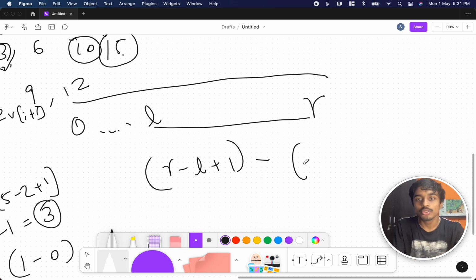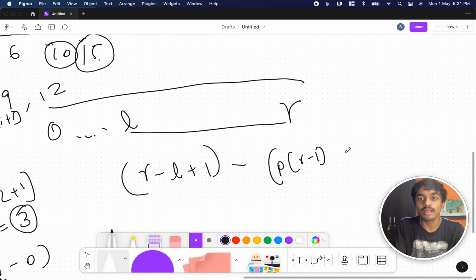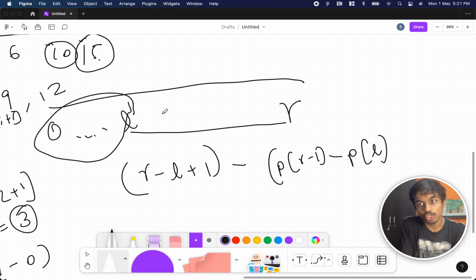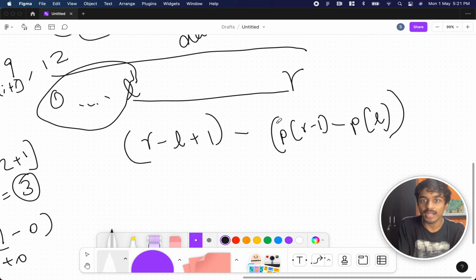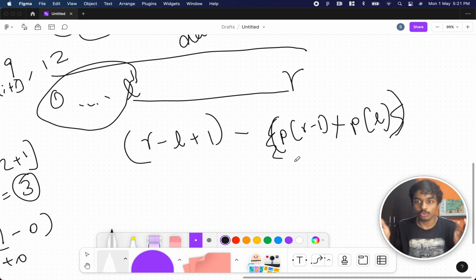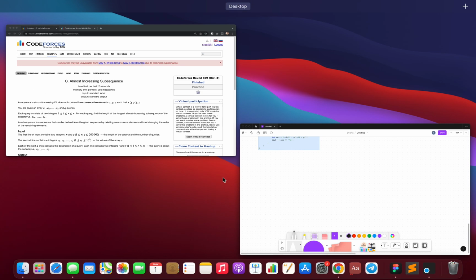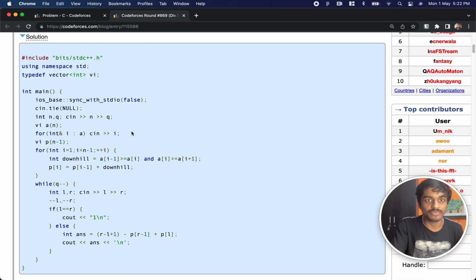That deviation you'll get in dp of R minus 1, because we are taking the y value here, minus dp of L. I am excluding these values from the array. So from this one to this I get the number of deviations here. I am removing this. If I remove this, what do I get? Minus, if I remove the brackets it will be plus. So by this you get that from the total number I am removing only the deviations, so I get the longest increasing subsequence.